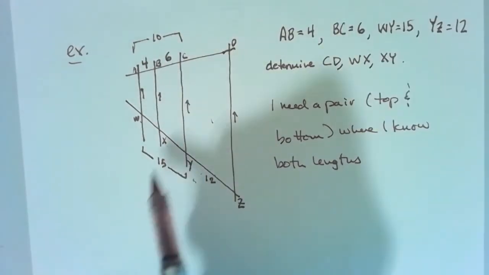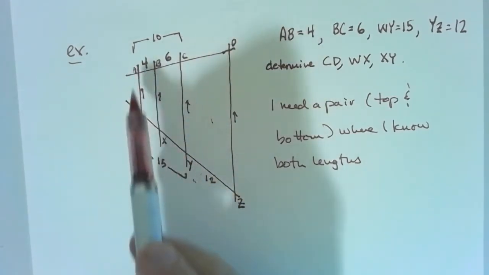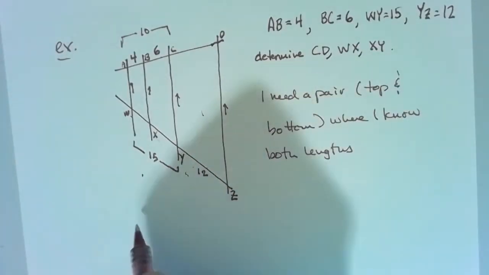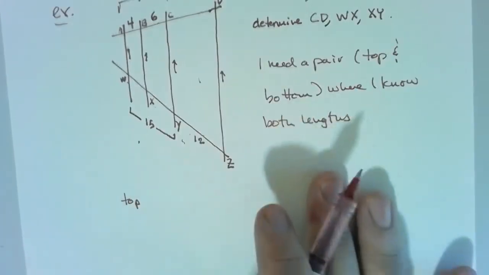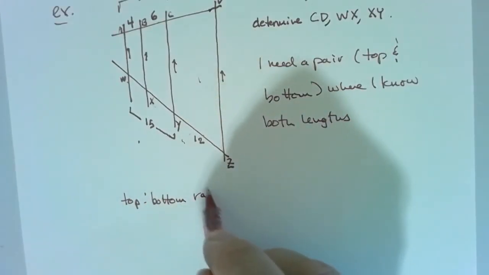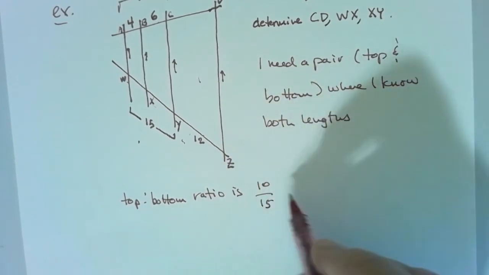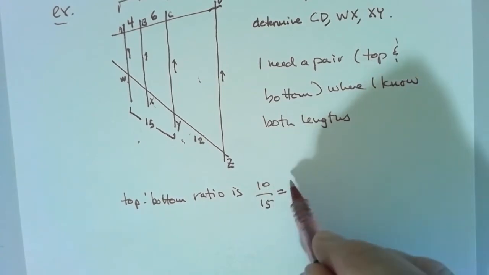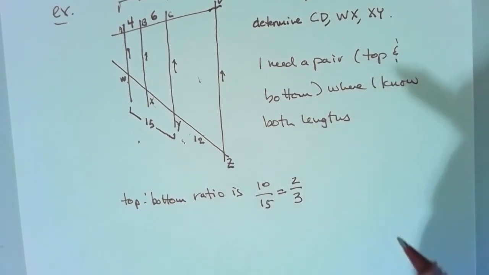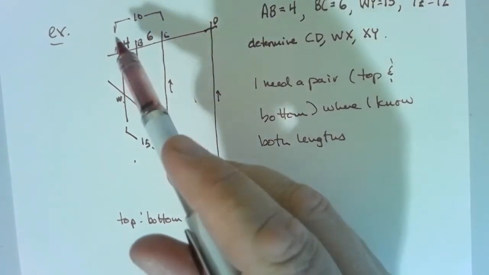So there's my corresponding pair. I have 10 on the top corresponding with 15 on the bottom. So that tells me the top to bottom ratio is 10 to 15. And this reduces by dividing top and bottom by 5. This is 2/3. So there's a 2 to 3 ratio top to bottom.